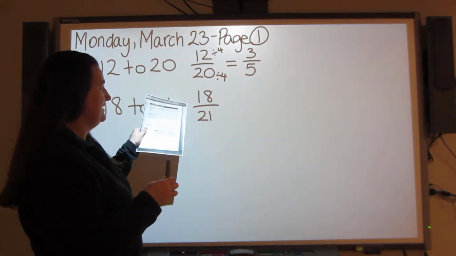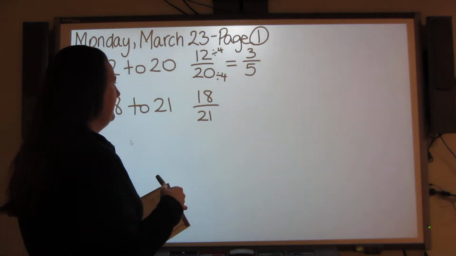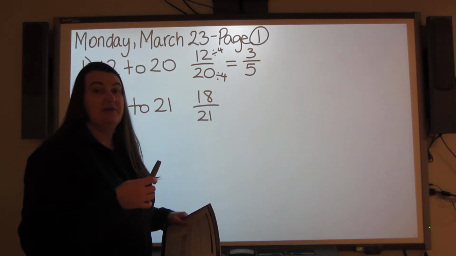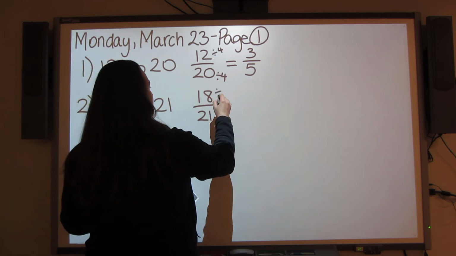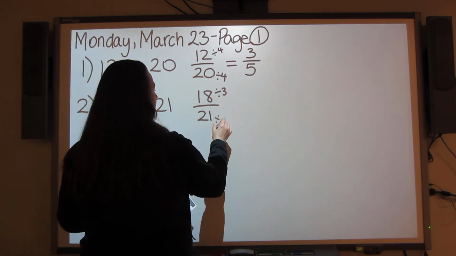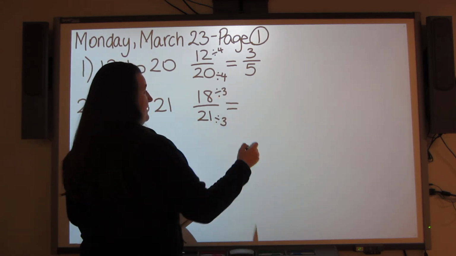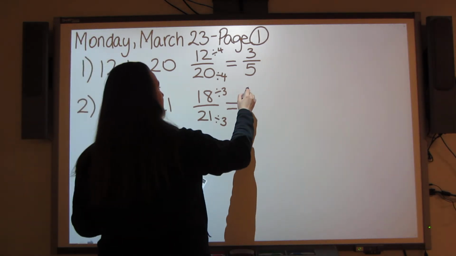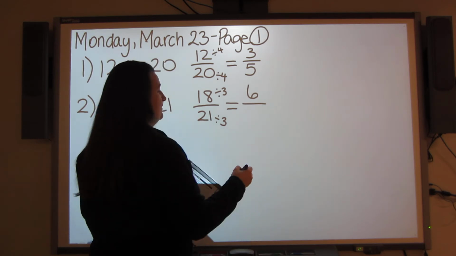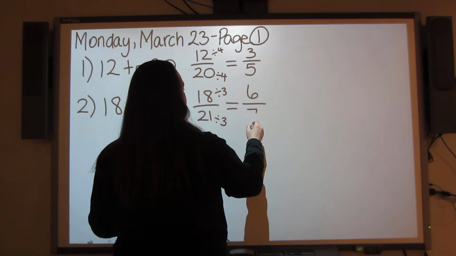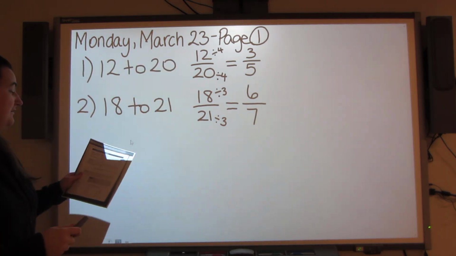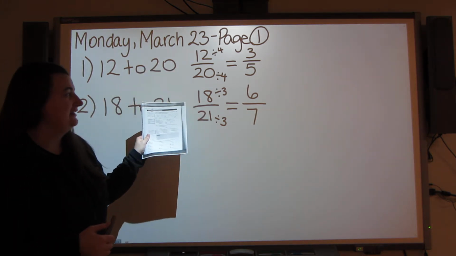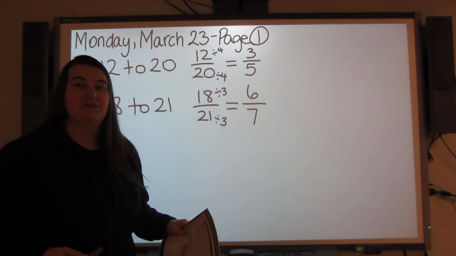I look at 18 and 21 and I think, can't use 2, I can definitely use 3. So I divide them by 3. 18 divided by 3 is 6. 21 divided by 3 is 7. So I followed the instructions. I wrote the ratio as a fraction and then made it lowest terms.